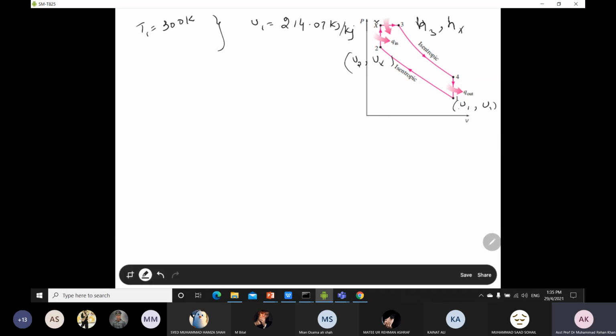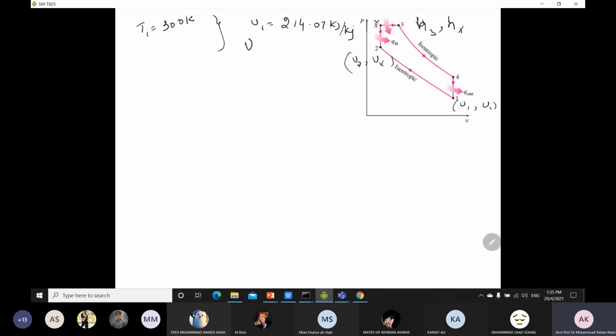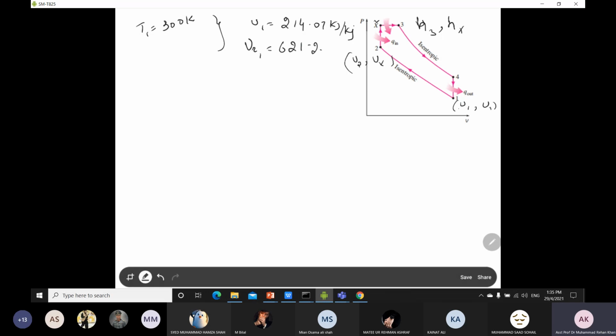As you already know, whenever we practice variable specific heat problems, we have to find other variables also, so it will be easy to find different state properties. So we also note down the relative specific volume at point number 1 from the same table. It will be 621.2, which is a dimensionless quantity.